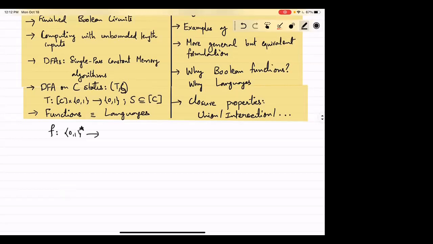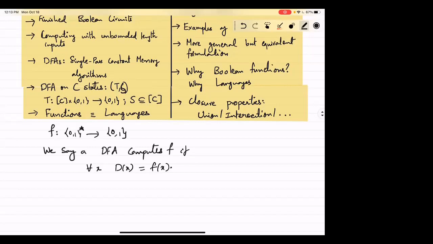I have a function f, then we say a DFA D computes f if for all x, D of x equals f of x. So I now have a way to compute certain kinds of functions on all size inputs.